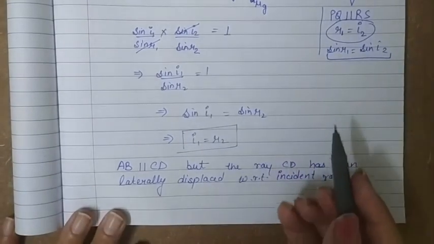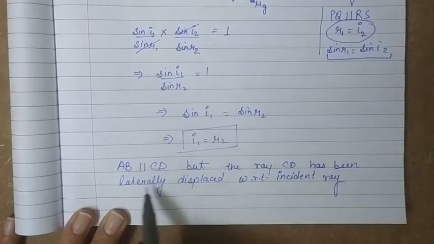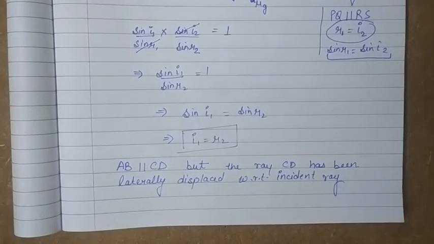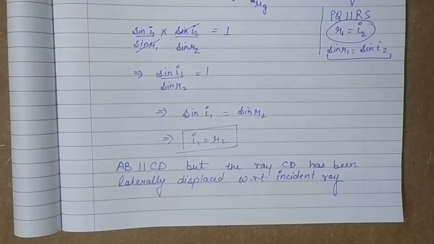That means the ray CD is laterally displaced with respect to the incident ray. So we can define lateral shift as the perpendicular distance between the incident ray and emergent ray when light is incident obliquely, or making some angle, on the refracting slab with parallel faces.